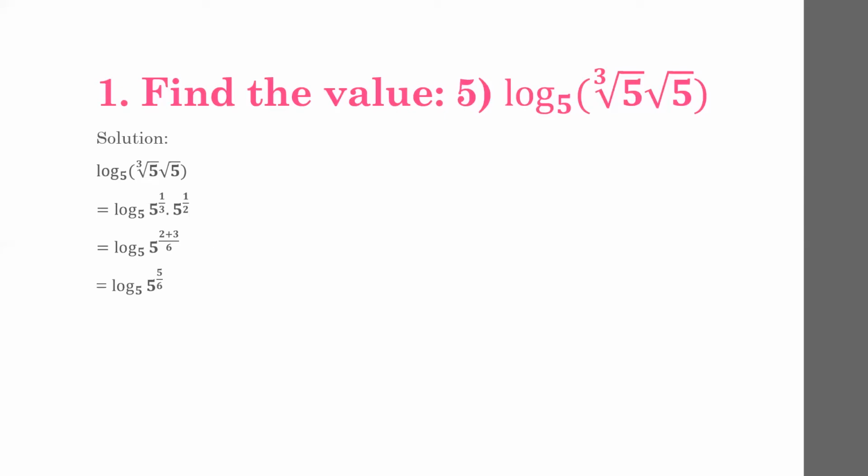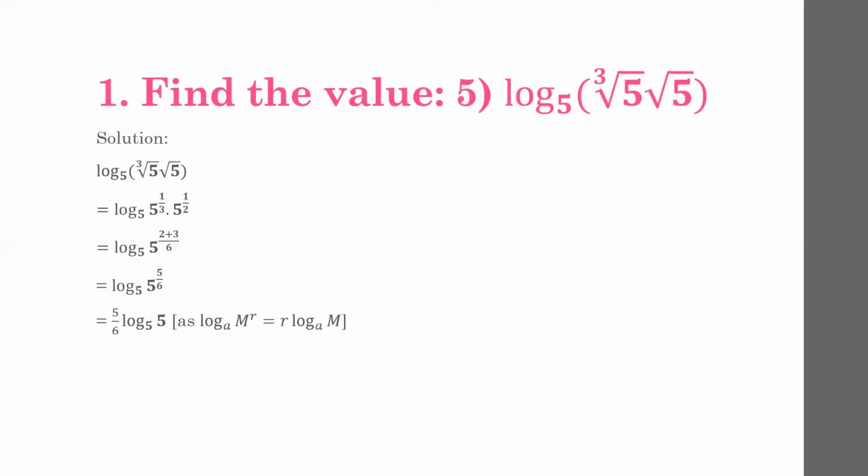Now we can see we have a power term after the logarithm, so we can take the power away from the 5 and write it in front. So 5 by 6 into log 5 base 5, as the formula is log a base m to the power r is equal to r log a base m.